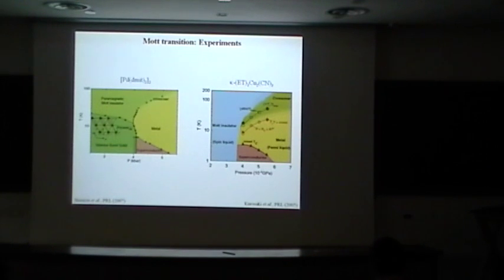I have to emphasize that there is no reason to believe in concepts of Landau theory for transitions of this type. It's true that Landau theory would tell you that if there are two different transitions going on and they occur together, it should be first order unless there is fine-tuning. But we now have various examples which go by the name of deconfined quantum criticality, in models which we understand better, where those Landau paradigms can be violated.